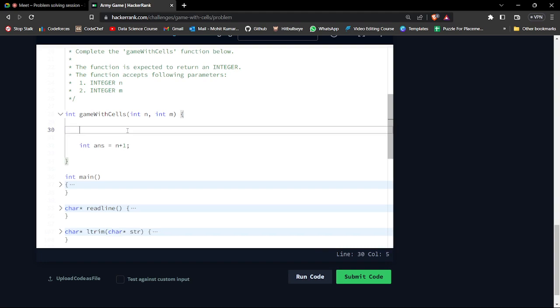If we can do it like this, just come here, and what if I keep it like this? Answer is equal to, let's say, the ceil value, and it is n by 2 into m by 2, and maybe plus 1.